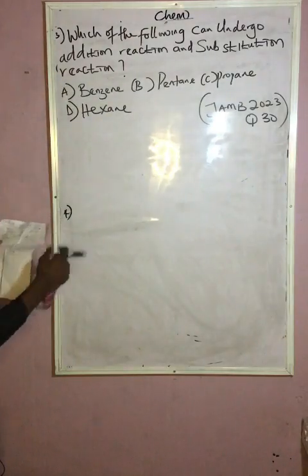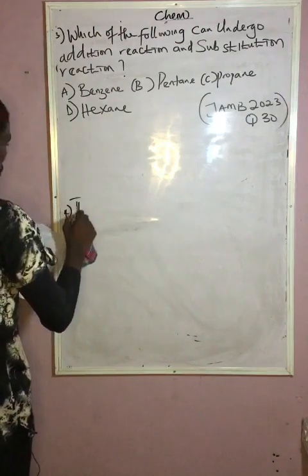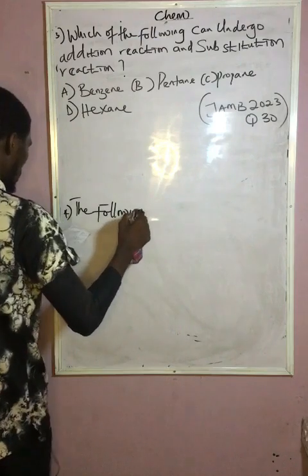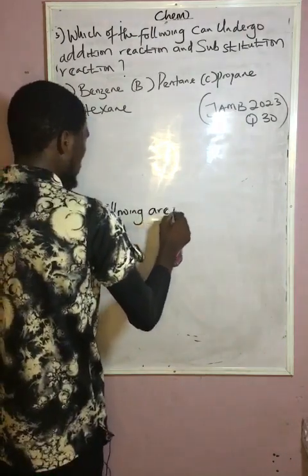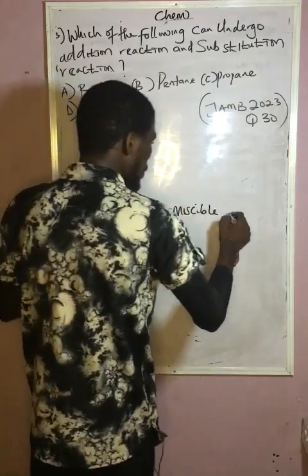So let's take a look at the fourth one. The way I always do it, this one is very, very simple, but needs full explanation. Which of the following are miscible with water?